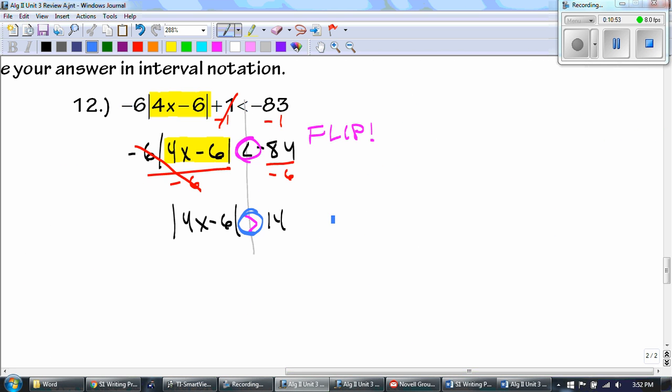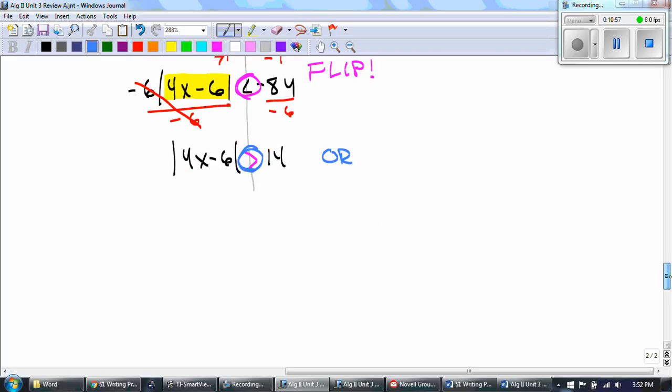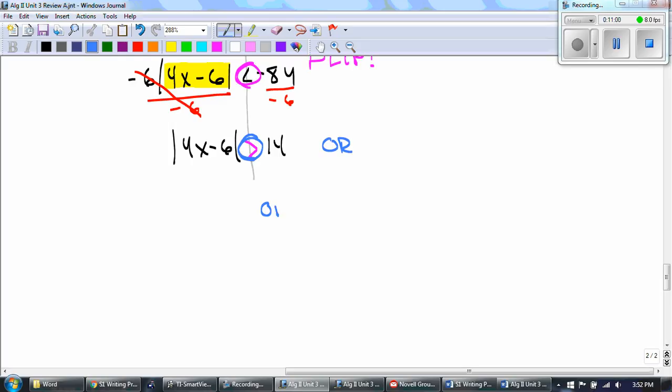Okay? So now when I'm looking at this, that tells me that it's greater. So if it's greater, this is how we set it up. You have the 4x minus 6 and the 4x minus 6. We good so far? Good. One of them stays exactly the same, greater than 14.